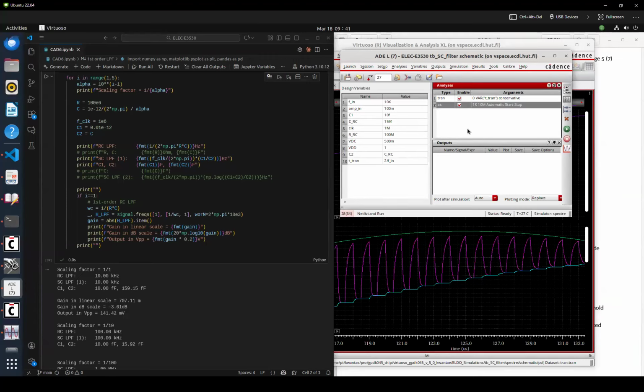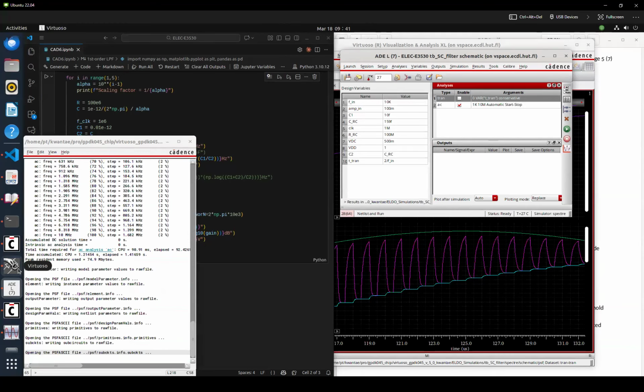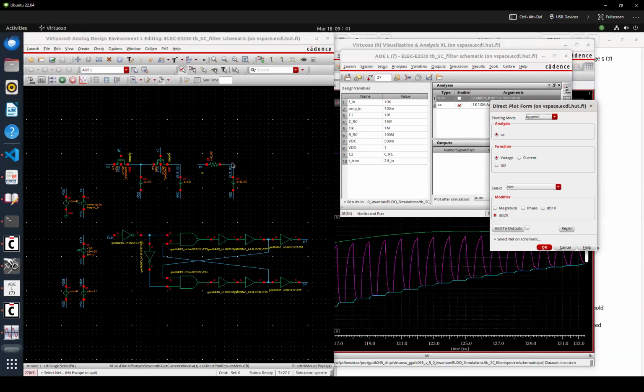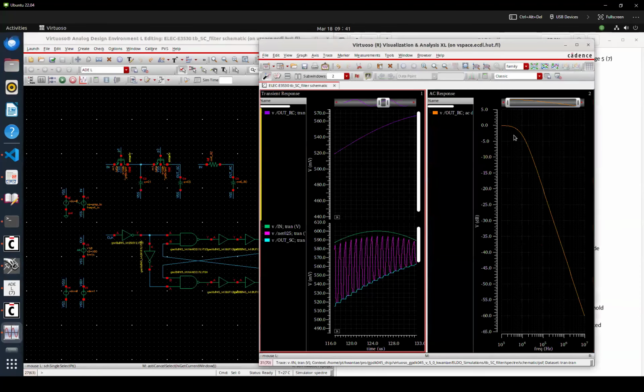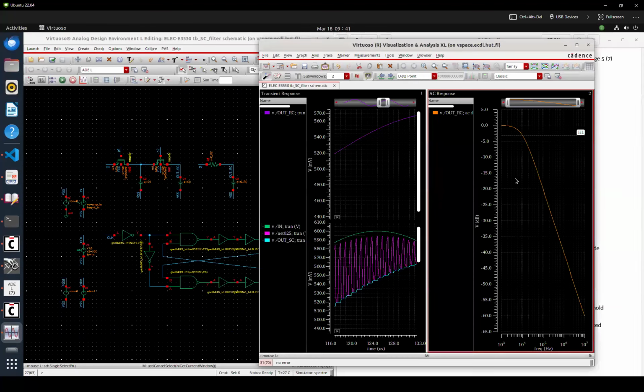Okay, and let me first run the AC simulation. And dB, and for minus 3 dB, yeah, it is 10 kilohertz still.